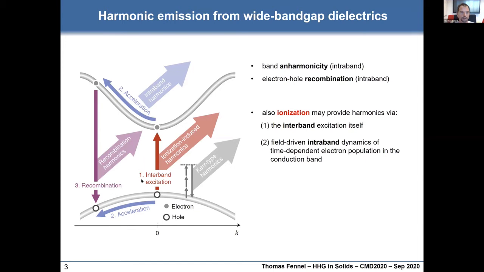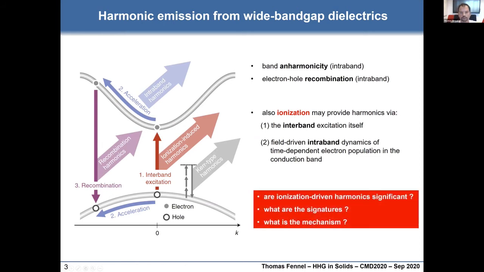So first, there could be the interband excitation itself that could create a nonlinear polarization that creates harmonics, and there could be the field-driven intraband dynamics of just the time-dependent population of electrons in the conduction bands. So with this, I mean just the motion even in a harmonic conduction band that just takes place with a time-dependent population.